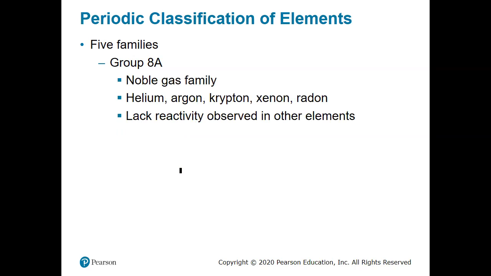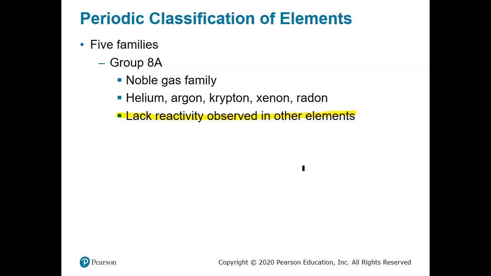And then lastly, we're going to talk about something that is completely different. Group 8A, the last group here. These are our noble gases. What makes them special? Is that they are not reactive.